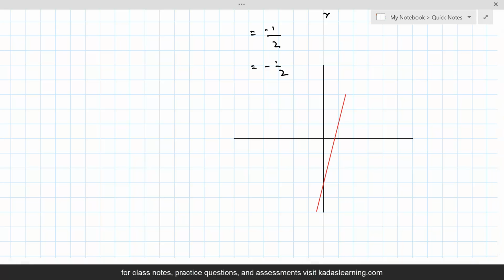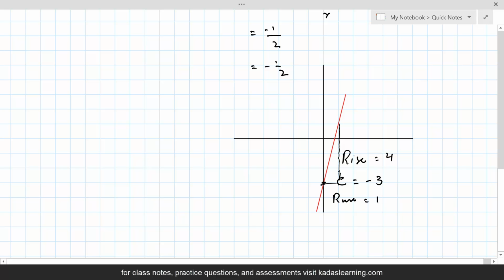And now the last one. Here this is y-intercept, which is 1, 2, 3 units below the origin. That's why its value c is equal to -3. And for finding the slope, this is 1 unit toward right and 1, 2, 3, 4 units up, so the rise is equal to 4 and run is equal to 1.